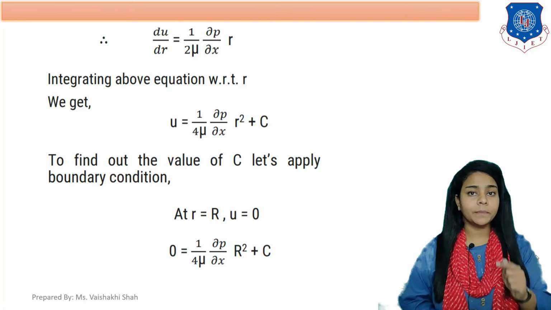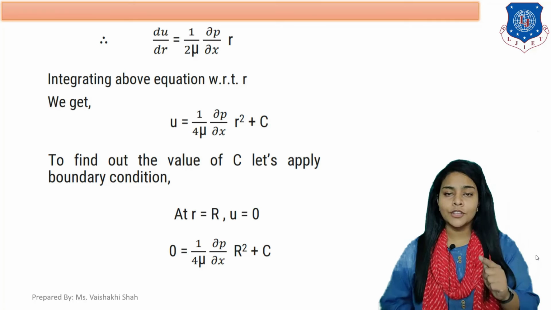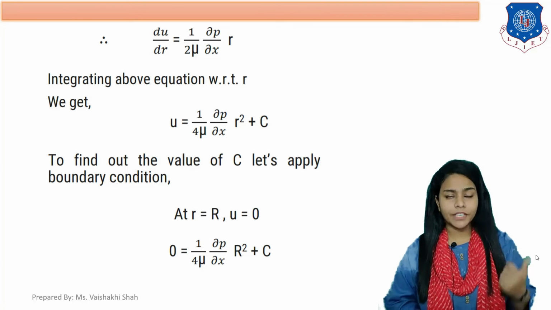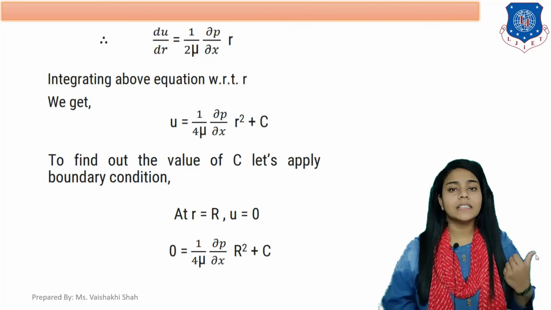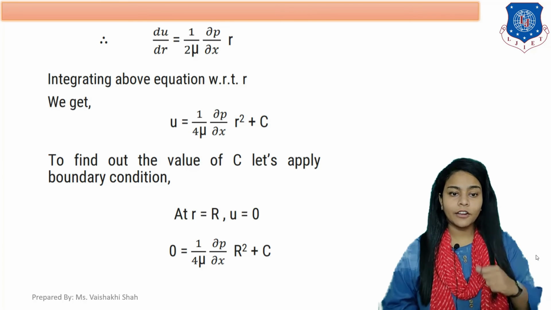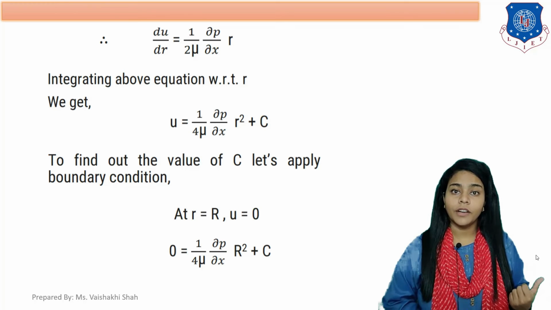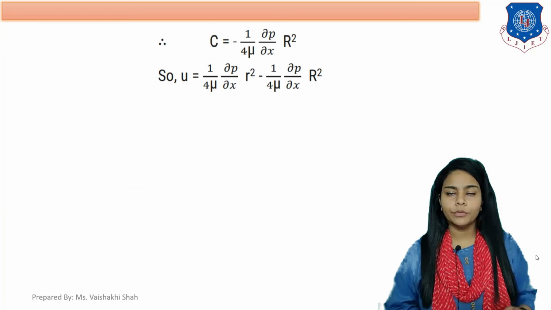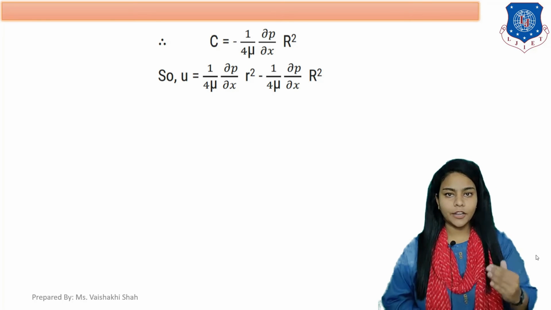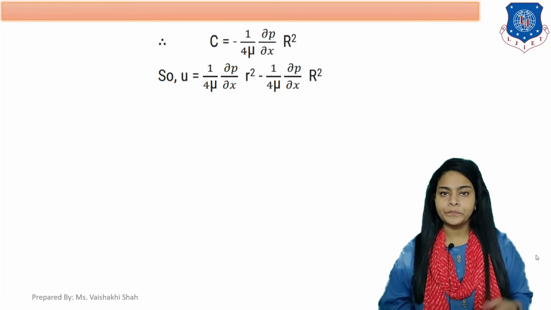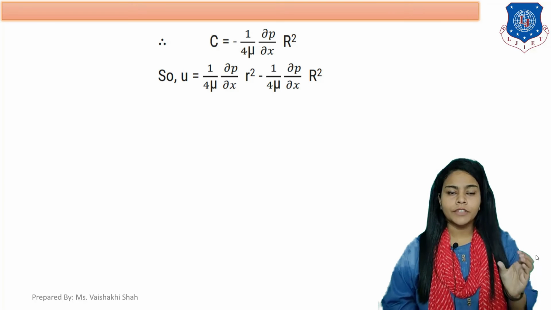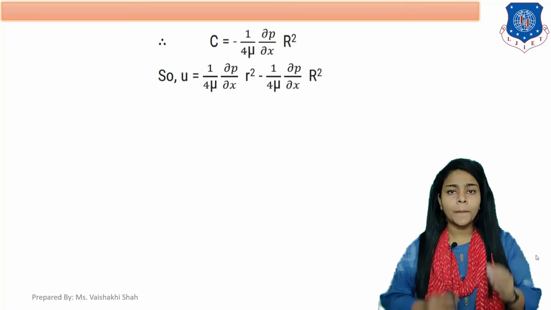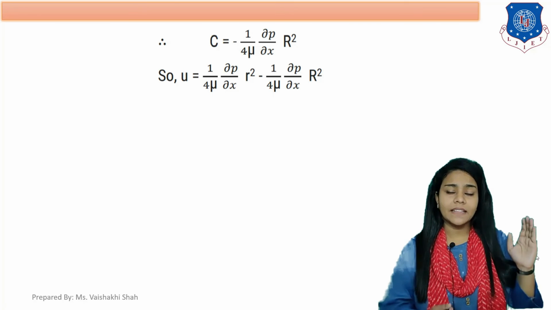Remember, here we replaced small r with capital R. Now, making c the subject, c equals minus 1 upon 4 mu into del p by del x into R square. Now, in the equation of u, place the value of c.